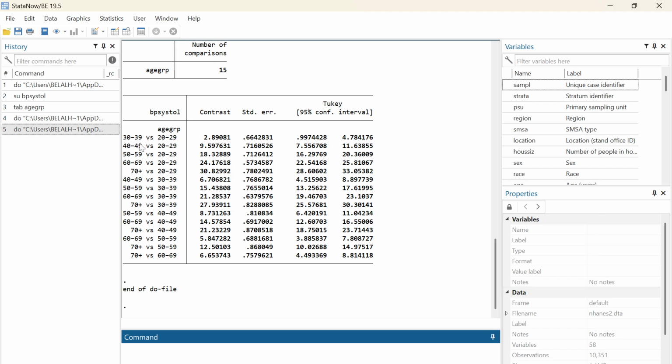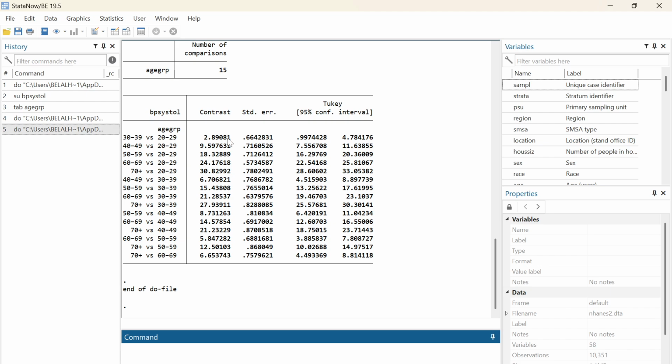So you can see they are comparing all groups against each other. Okay, so 30 to 39 and 20 to 29. This is the comparison. So let's look at the difference for this group, right? The contrast, which is basically the difference between these groups, is 2.89, about 3 in systolic blood pressure. That's their difference. Okay, so 30 to 39 people have on average a 2.89 difference in systolic blood pressure.